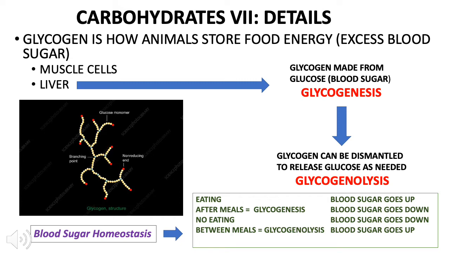And in humans and in most animals, when you have excess blood sugar that generally arises after eating, and you're not using that blood sugar for your immediate needs, you store it. And in humans, you store it in one of two different places. You store it in your muscle cells, or you store it in your liver. In any event, it provides you some ready fuel that is available should you need it.